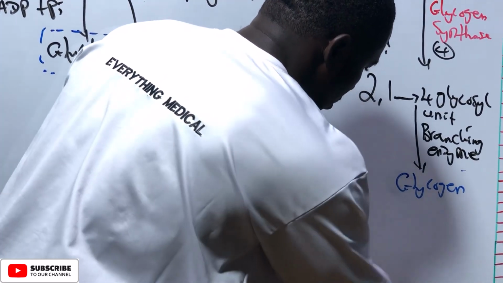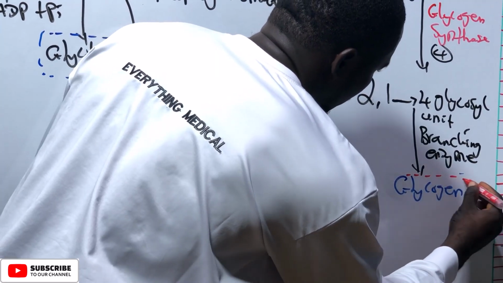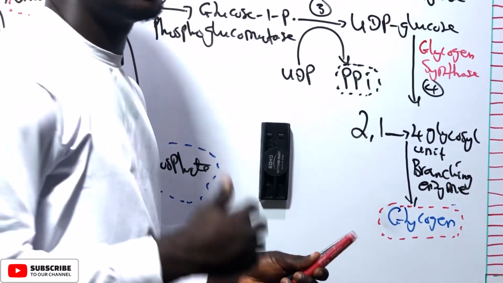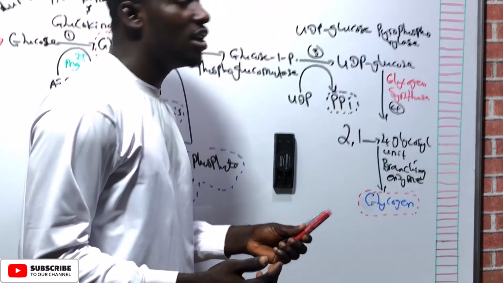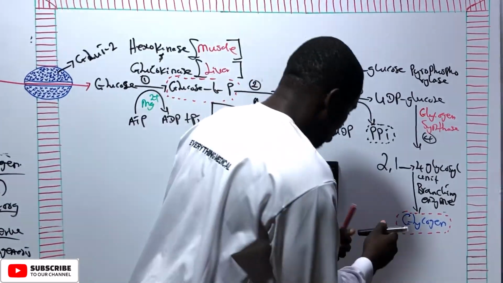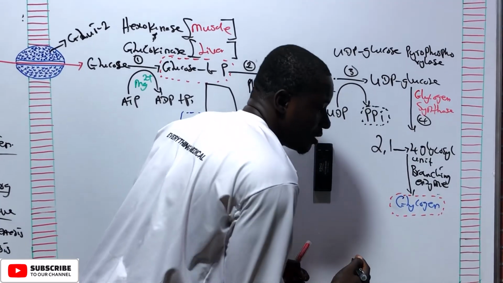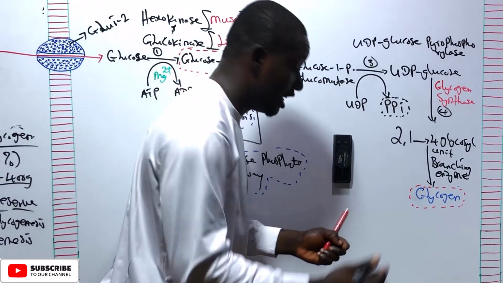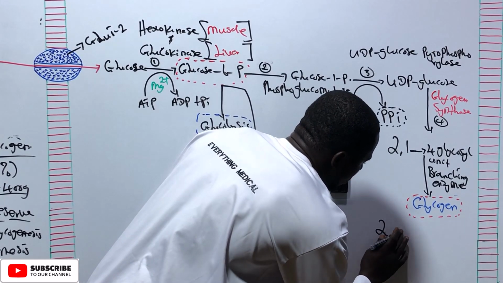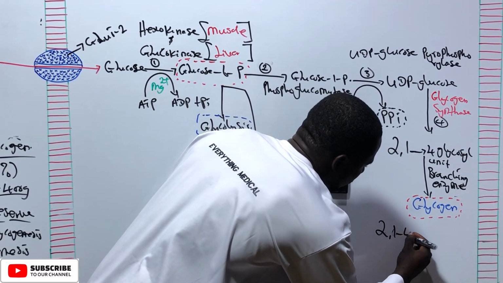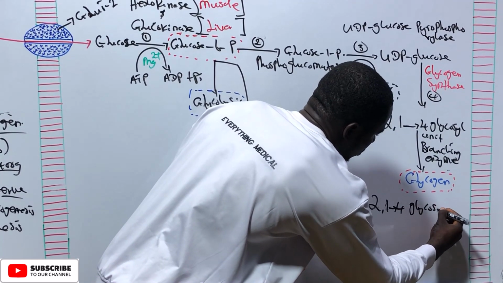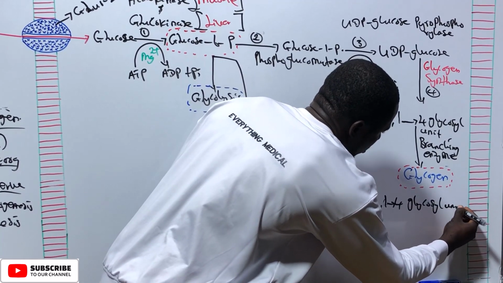Glycogen. Here, glycogen is a polysaccharide. It contains an elongation chain, or the straight chain, and the branching chain. The first, the straight chain or elongation chain, is made of alpha 1,4 glycosyl units.